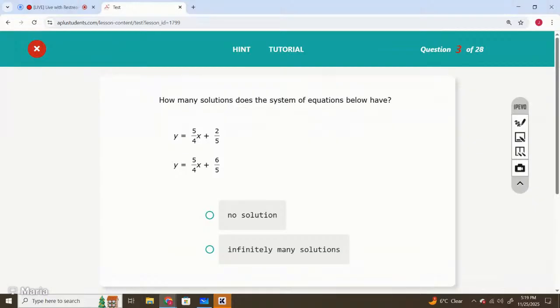So when the two equations have the same slope and different y-intercept, that means they have only one solution.